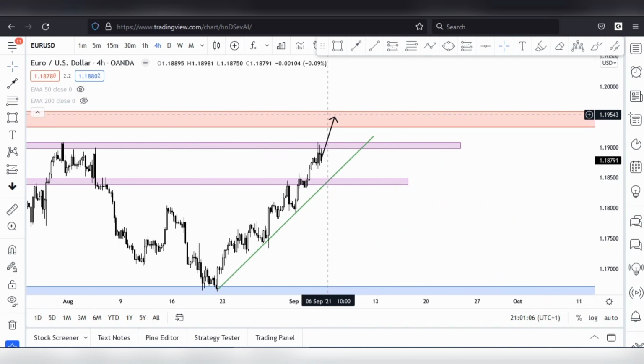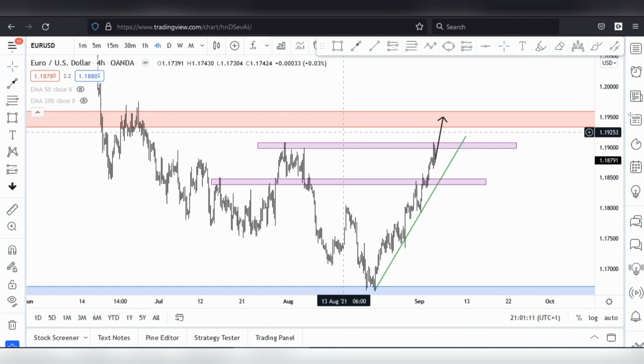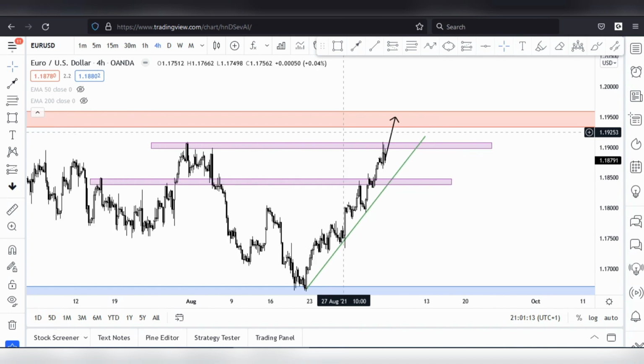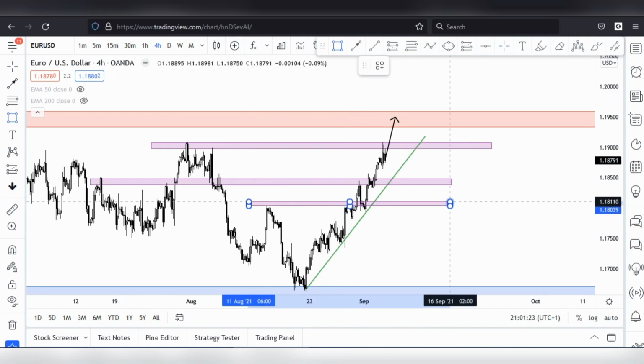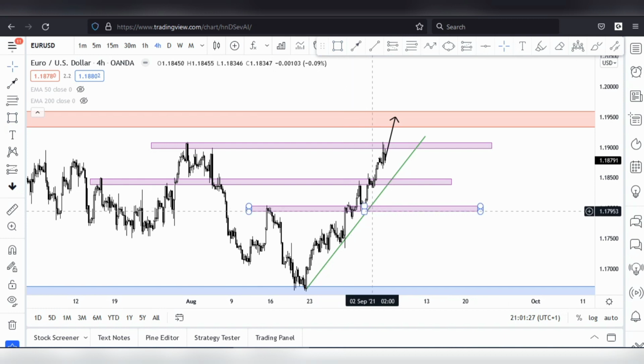Okay, and what we're going to be doing is just identify the areas where we can capitalize on, where we can enter this trade and make the most of it. So which is the areas that I've identified. So price can get back down to any of these areas, even including this area over here. This is also another important area of structure.